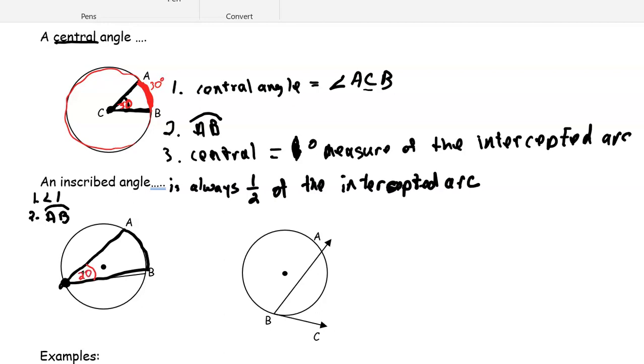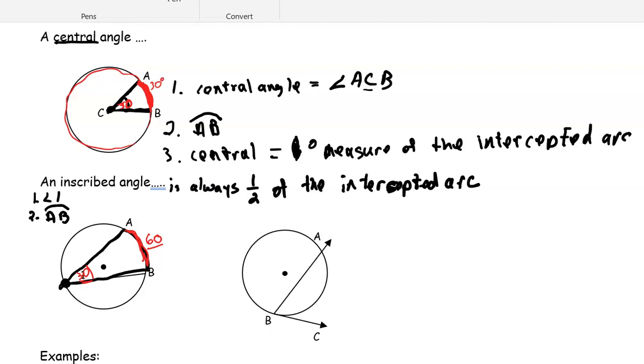That means this angle is half of the intercepted arc. So if this is 1/2 of this arc, that tells us this arc must be 40 degrees. Or let's say I did it the opposite way. Let's say I instead gave you the arc, and in this case say this is 60. That would allow us to know that angle 1 would have to be 30, because this angle is always half of the arc.